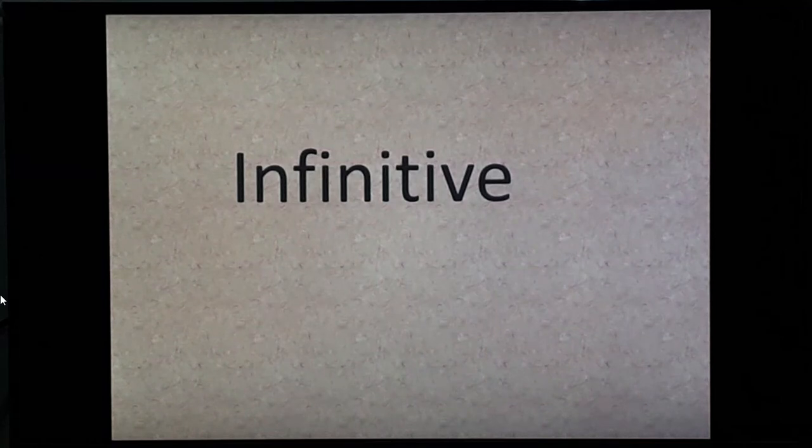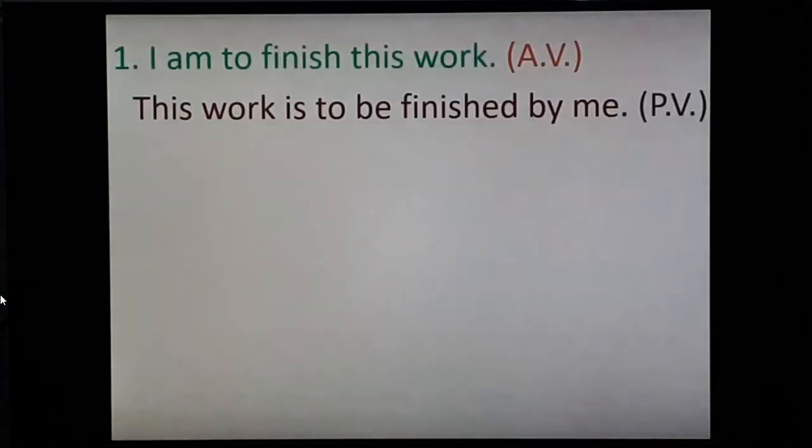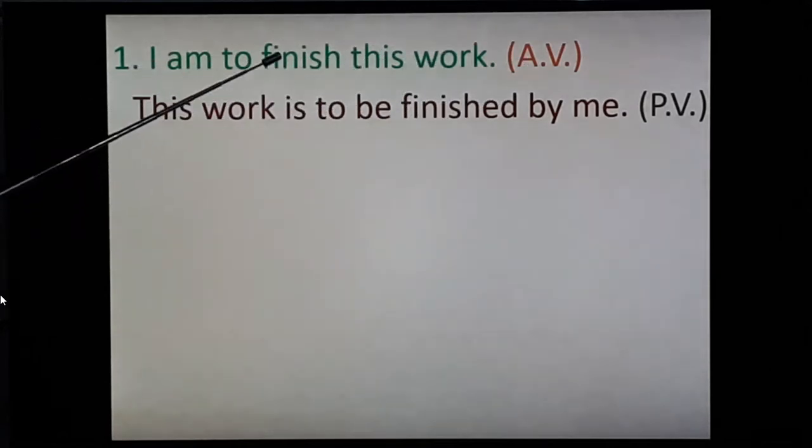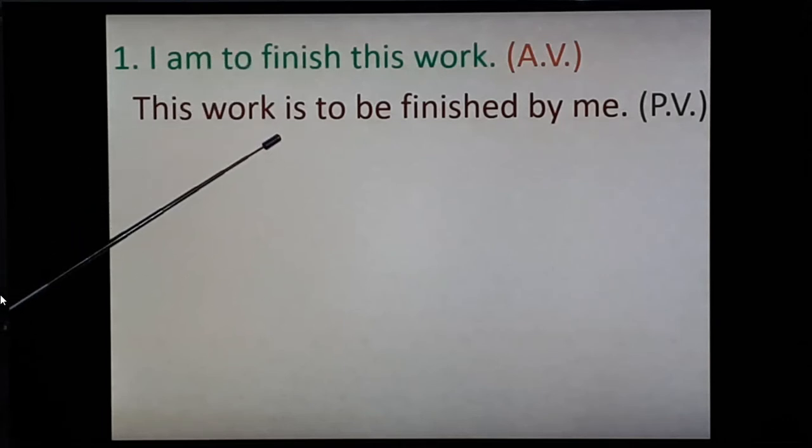Let's see active passive voice in infinitive. First, I am to finish this work. This is active voice. How to turn this to passive? This work will come in the beginning. Then according to this subject, you have to use appropriate verb form or auxiliary verb.